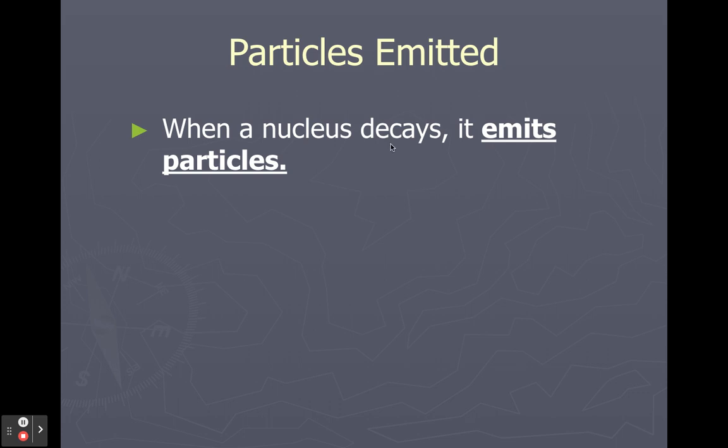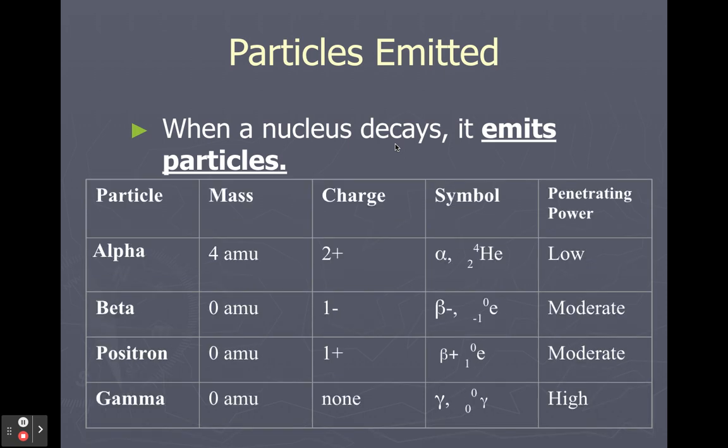Okay. So when a nucleus decays, it emits particles, like Marie Curie said. And there are certain particles we've discovered they can emit. An alpha particle, which is the most massive with 4 atomic mass units, a +2 charge, and it looks like basically a helium nucleus. This is the alpha symbol, and it has very low penetrating power. It's basically fairly weak.